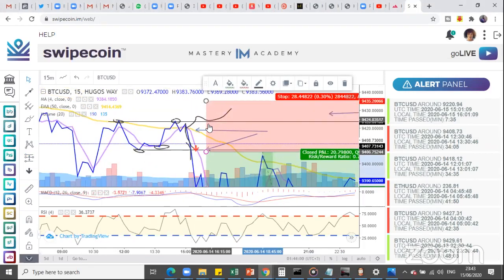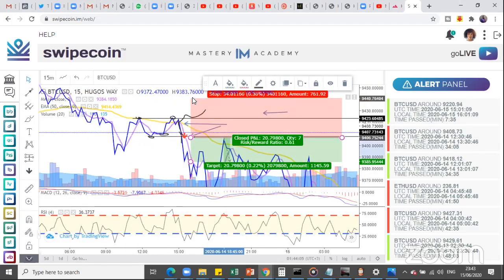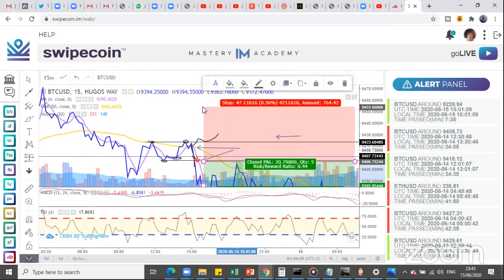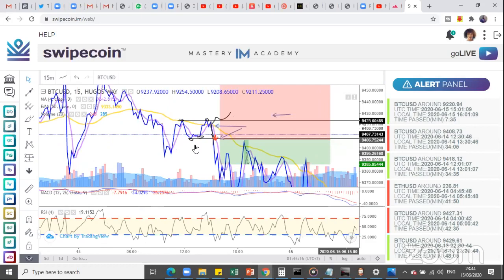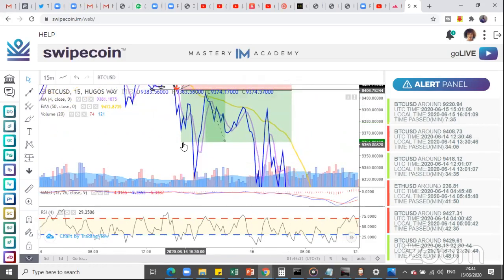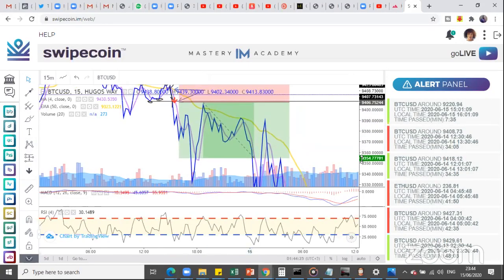You can see, he did not even dream of getting stopped out. 50 pips stop loss is fine. But look at the first TP. Everybody on the call, look at this TP1, 50 pips, banked.